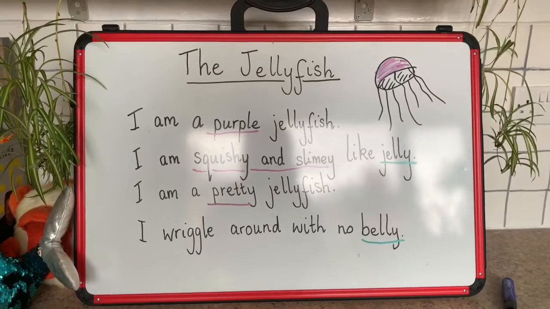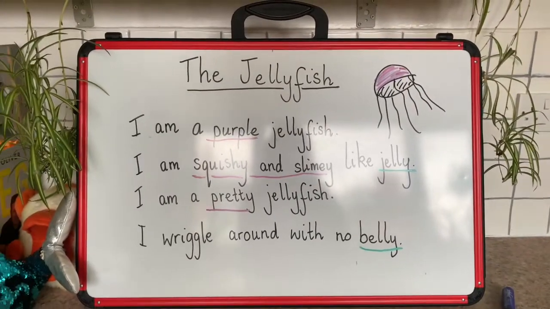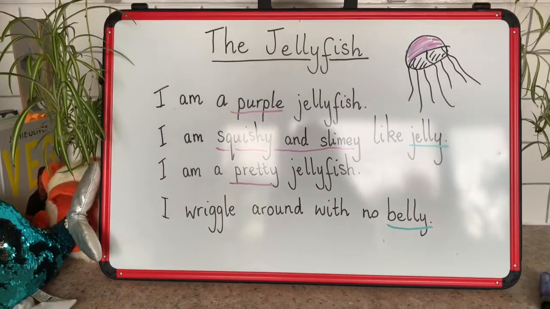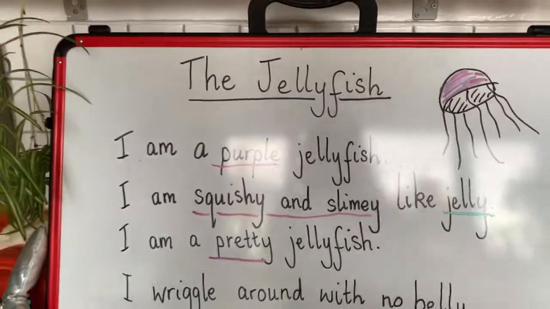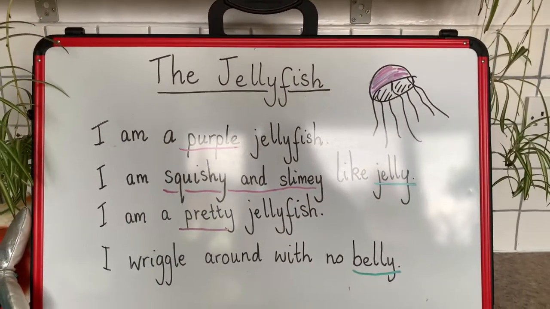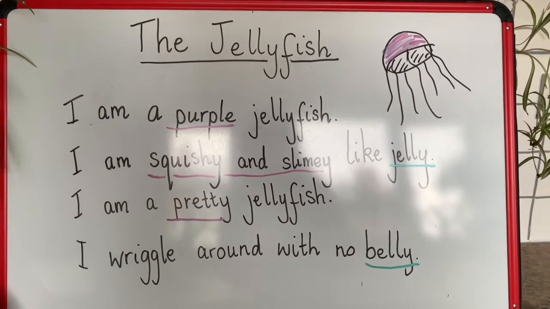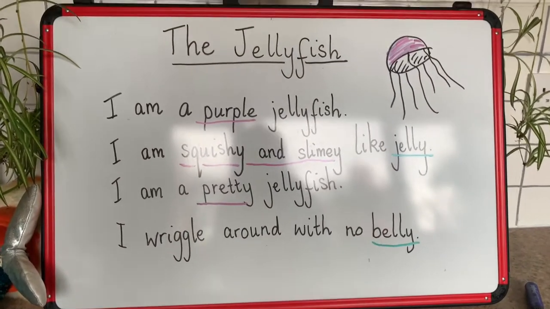So I am planning on cheating a little tiny bit because I am going to use the same format as I did for my jellyfish poem. My first line, I told you what the jellyfish looked like. My second line, I told you what the jellyfish felt like. My third line, again, I described how the jellyfish looked.